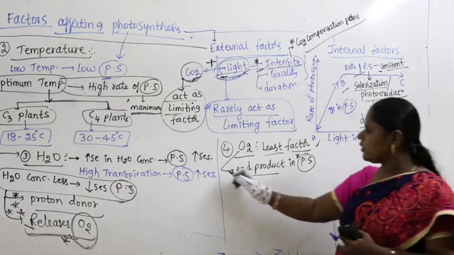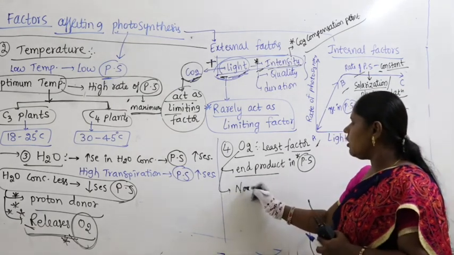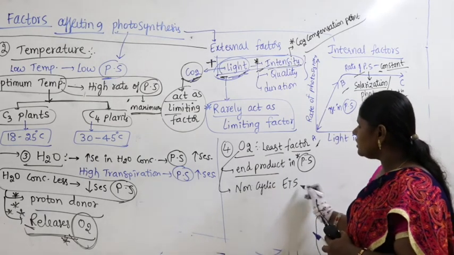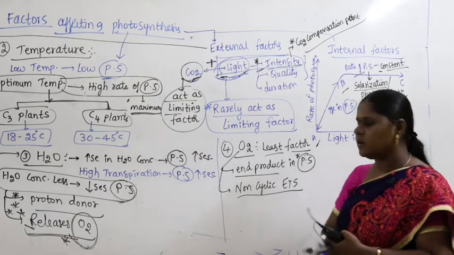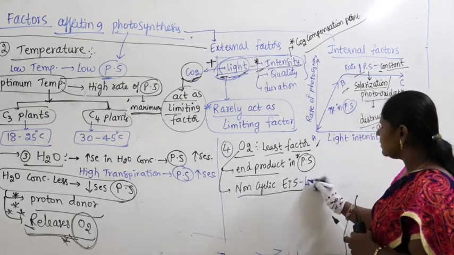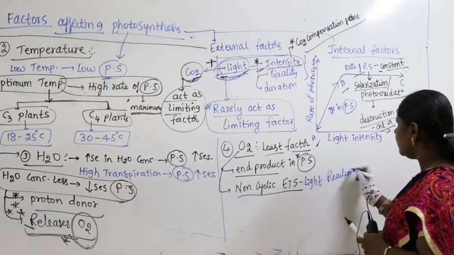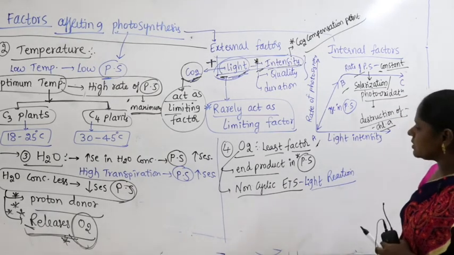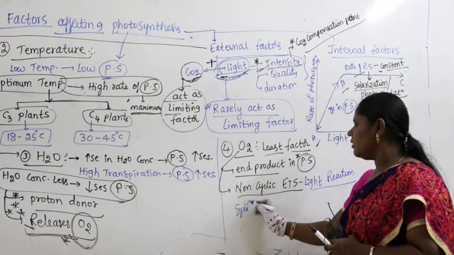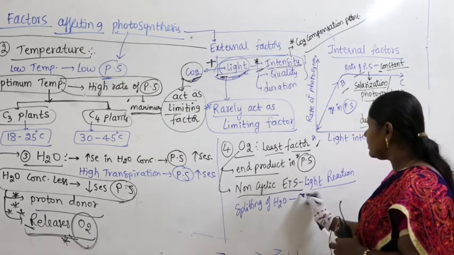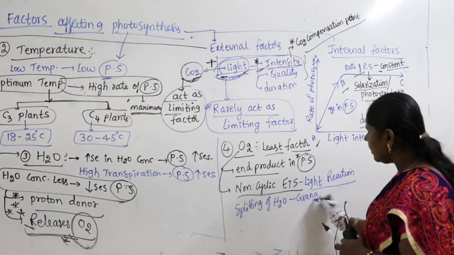Where is oxygen produced? In the non-cyclic electron transport system. Where does the non-cyclic electron transport system occur? It occurs in the light reaction. In the non-cyclic electron transport system, splitting of water occurs in the grana. Where in the grana?